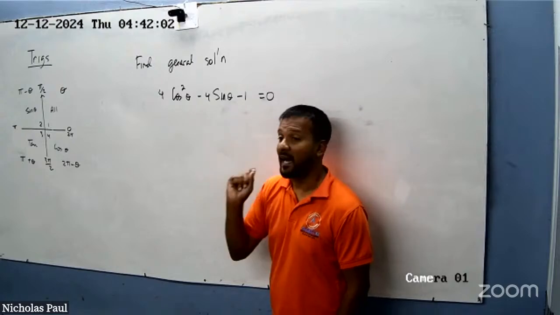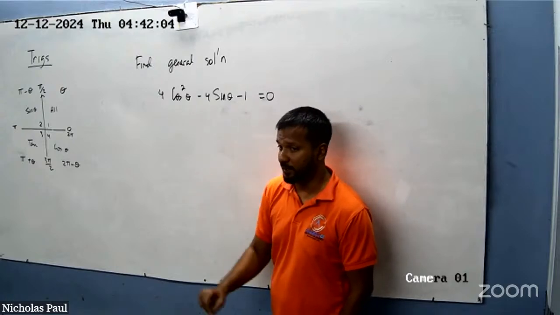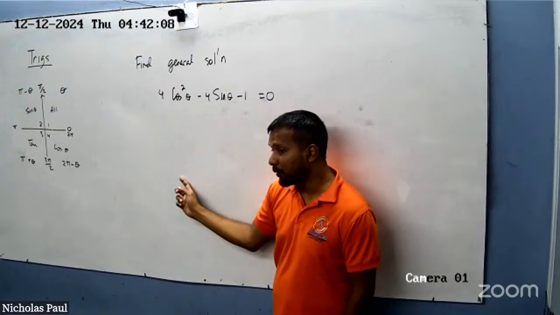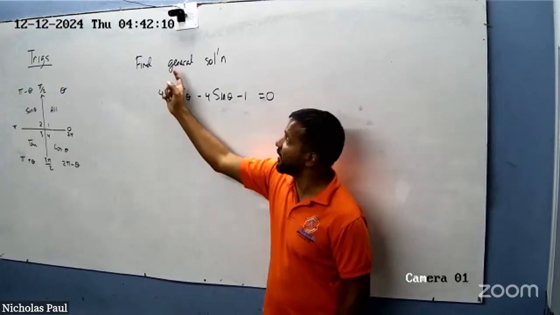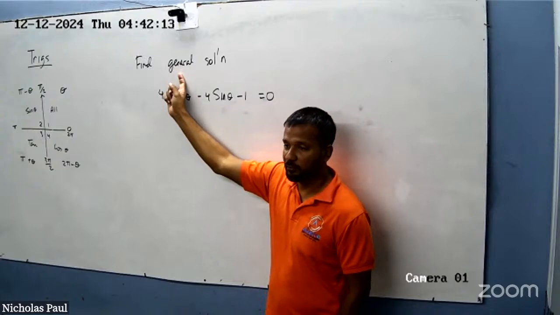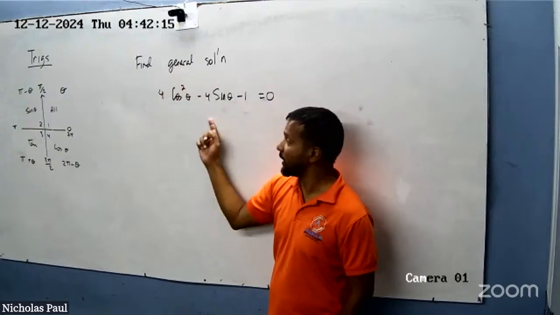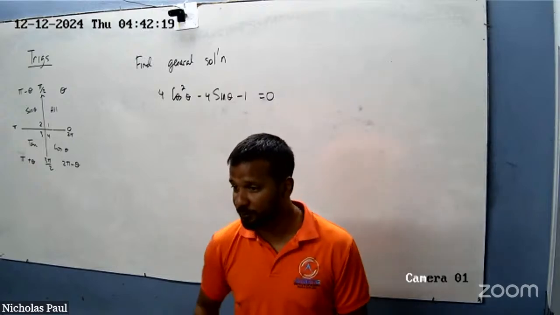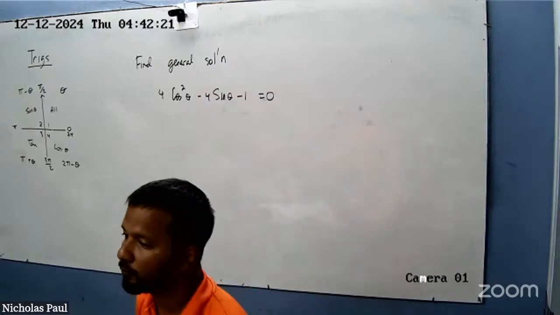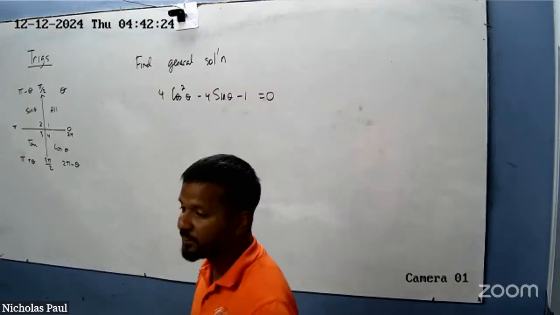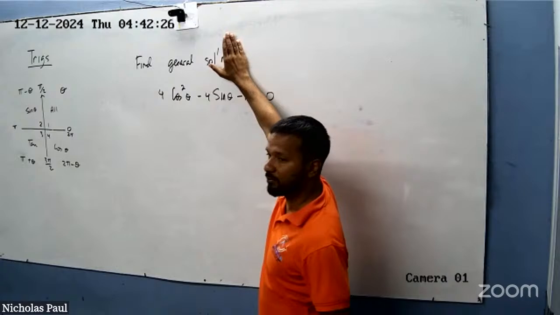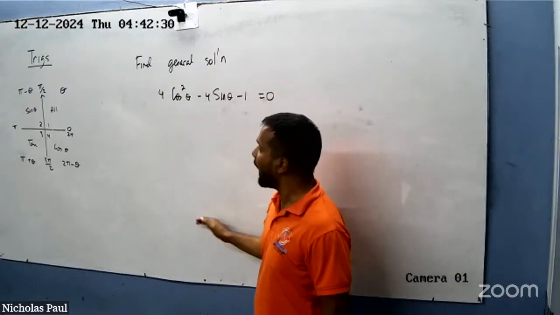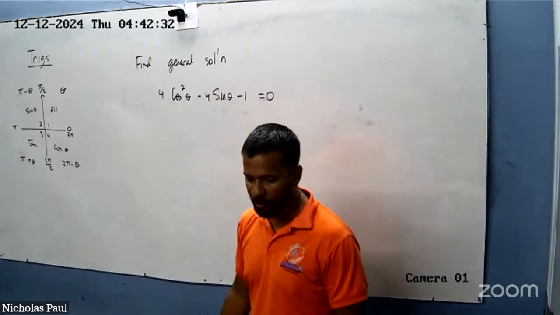But I want the general solution. You're going to get two values. Solve it like normal, ignore the general solution until the end, and then we add in the general solution part.